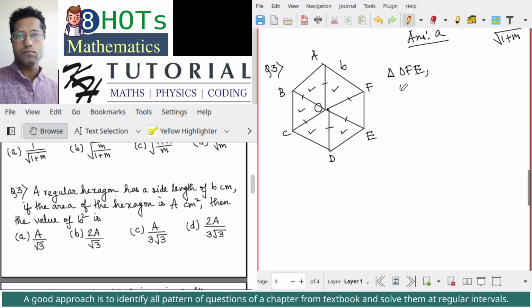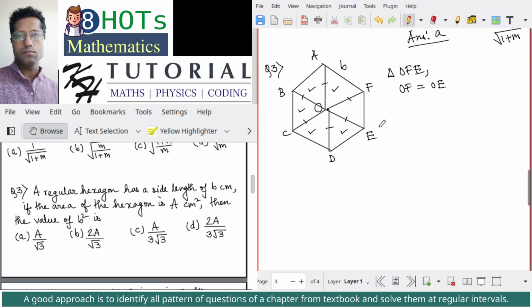In triangle OFE, we will have OF equal to OE. In general, for any regular polygon of n sides, the center of the polygon will create isosceles triangles with all the sides, and all these triangles will be congruent. And in all the isosceles triangles, the two sides apart from the side of the regular polygon will be equal. So we have OF is equal to OE.